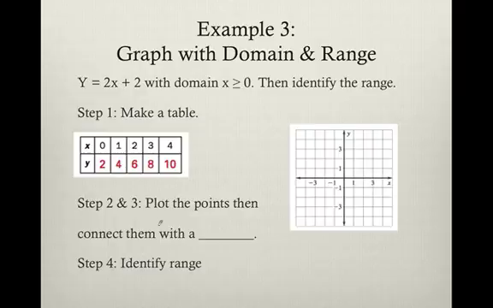What pops out for y? It's as simple as that. So in this question, they tell me a domain: x is greater than or equal to 0. So that means I could plug in any number for x as long as I start with 0 and it's greater than or equal to it.